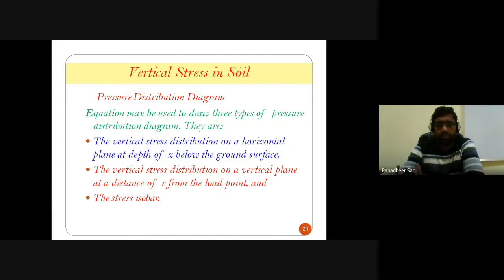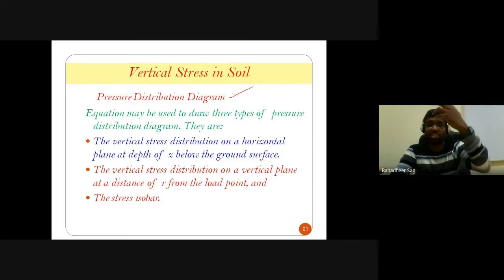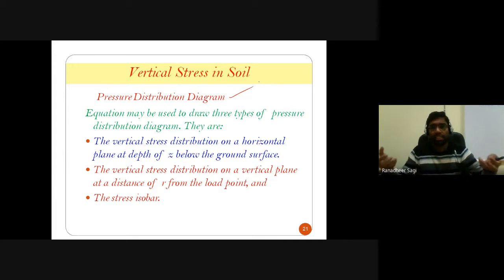Next, let us understand what the stress distribution diagram is going to be like. How do the stresses vary due to that applied point load, in the vertical direction as well as in your x or y axis? I am going to talk about 3 pressure distribution diagrams here.